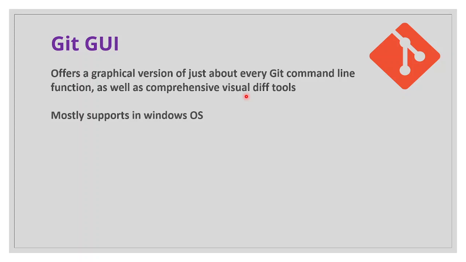All the Windows users are likely to like a graphical user interface, right? So we can work with Git UI as well. As Unix won't support a GUI, I think mostly it will be available for Windows, or I'm not sure about Mac. I don't have a Mac, so it will surely be available for the Windows operating system.